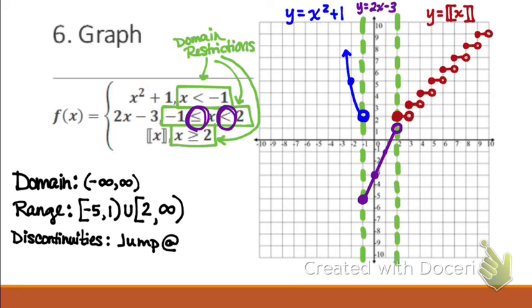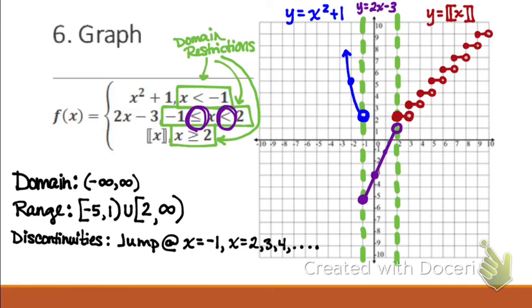X equals -1. That's this guy right here. I have another jump discontinuity where? X equals 2, 3, 4, on and on after that. For my step function, I'm going to indicate that it's going up by integers, but obviously I cannot write every single one. So I'm going to start that pattern and then leave it to the reader to understand that it goes every integer after that.